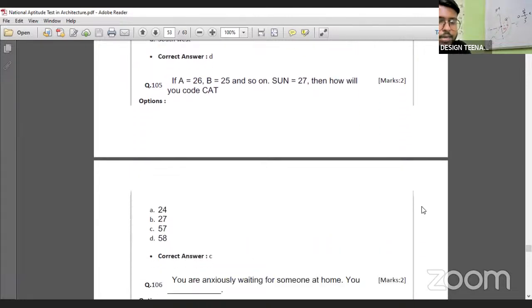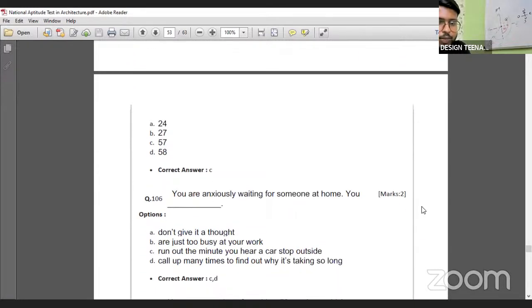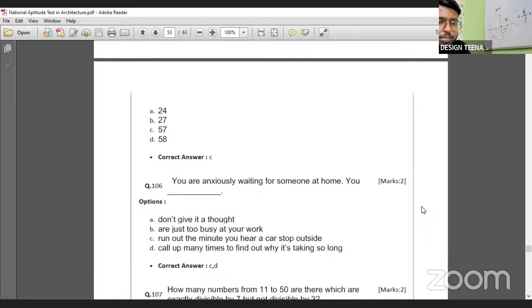Now we have a few questions where a few things are quite related to your general life. For example, you are anxiously waiting at home for someone. You don't give it a thought, you are just too busy at your work. You run out the minute you hear a car stop outside.